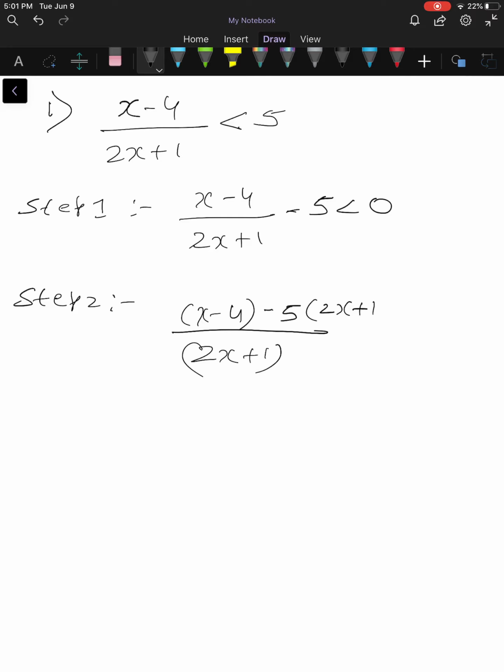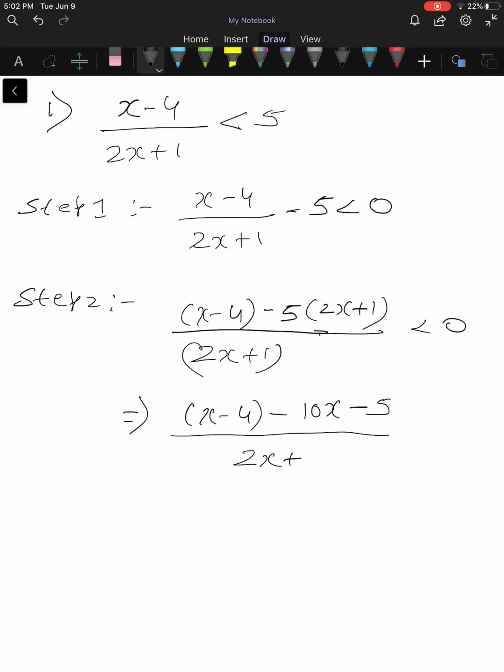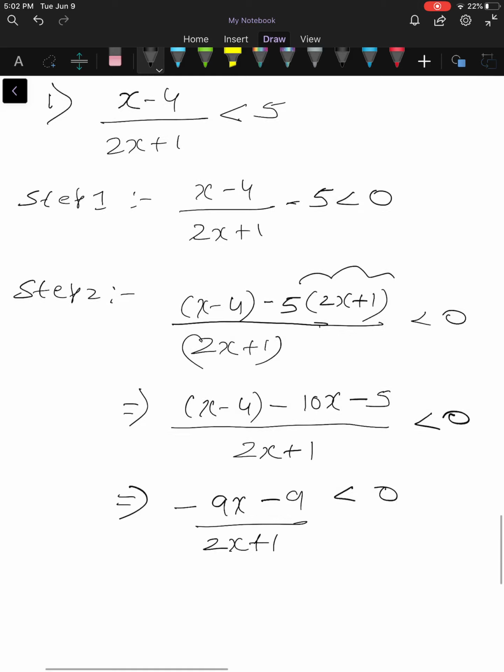Negative 5 times 2x plus 1, because that is what you should multiply with 1 to get back your LCM. Okay, so simplifying it further, we get x minus 4 minus 10x minus 5 divided by 2x plus 1. That is distributing negative 5 over 2x plus 1. So that would give us minus 9x minus 9 divided by 2x plus 1, less than 0.